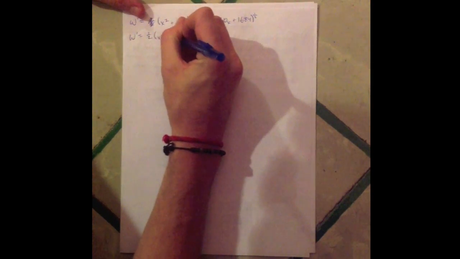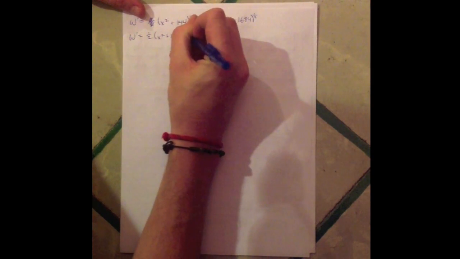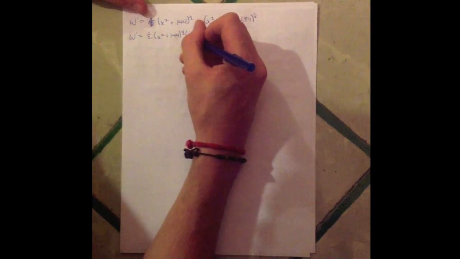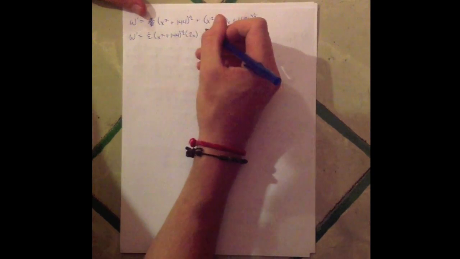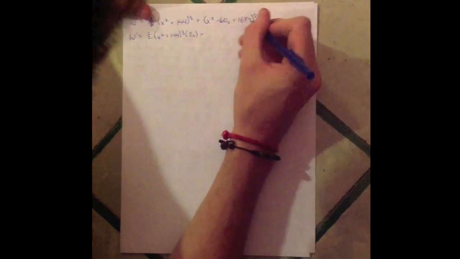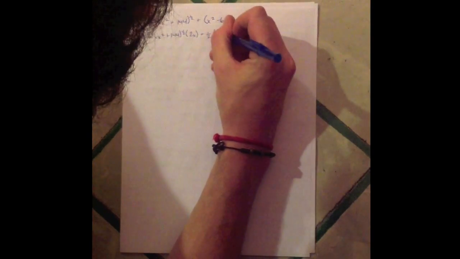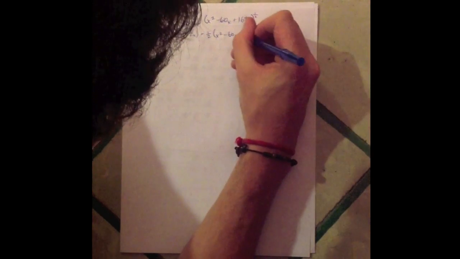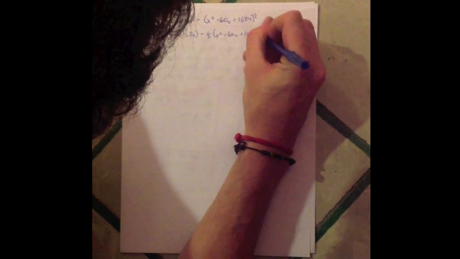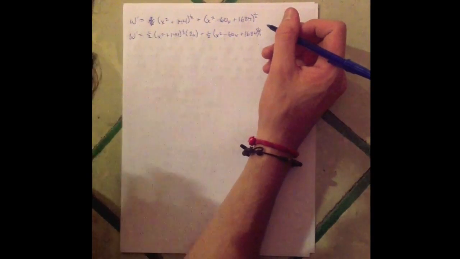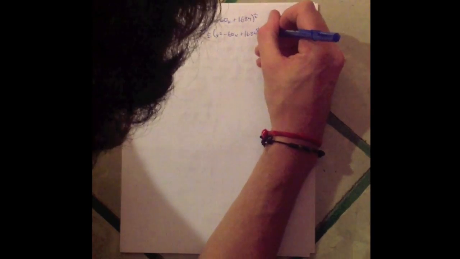We've got (x squared plus 144) to the negative 1 half times the derivative of the inside, which would be 2x, plus this 1 half comes to the front, then the inside stays the same, (x squared minus 60x plus 1684) to the negative 1 half, and that times the derivative of the inside, which is 2x minus 60.